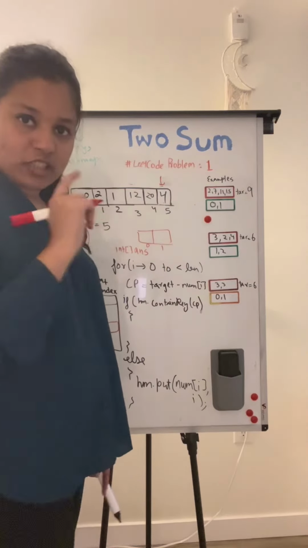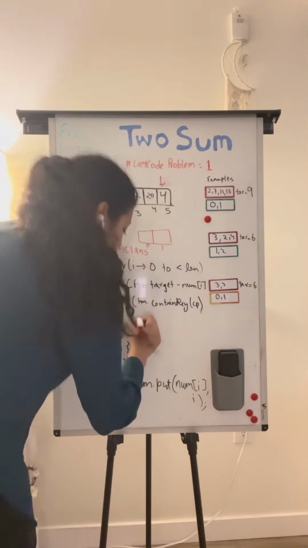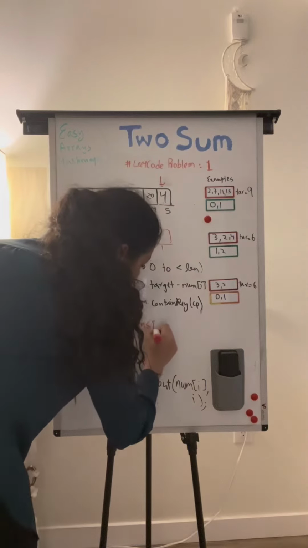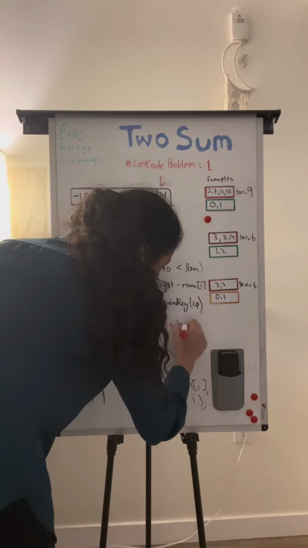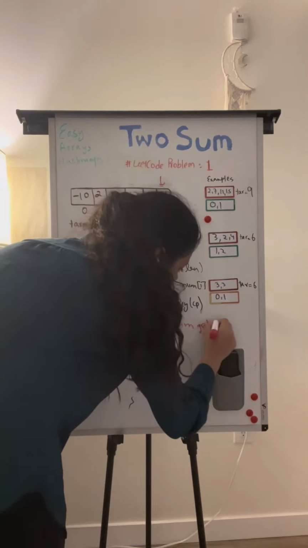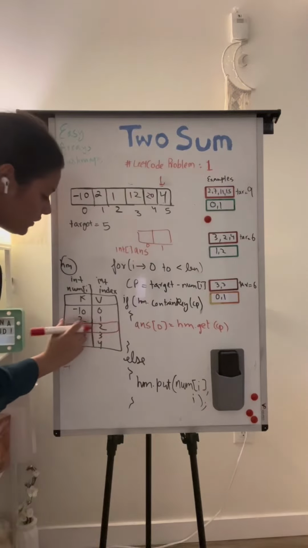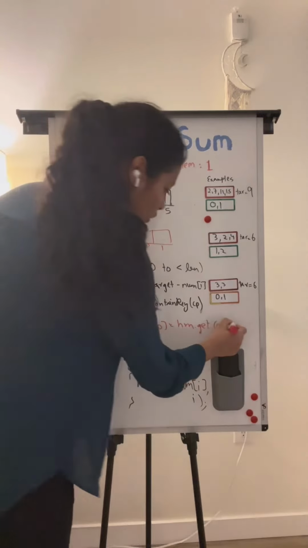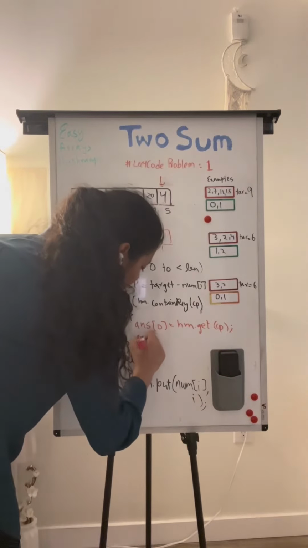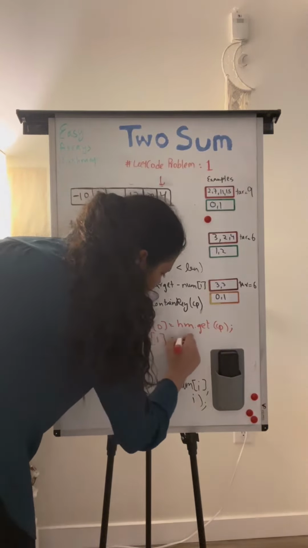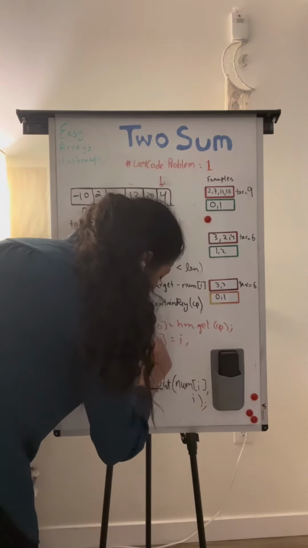So when it contains 1, I get both the indices. My first index would be hashmap.get(complement), basically the counterpart's value, which was 2. So you get that value, and the second would be the current index itself, basically i, and you return the answer.